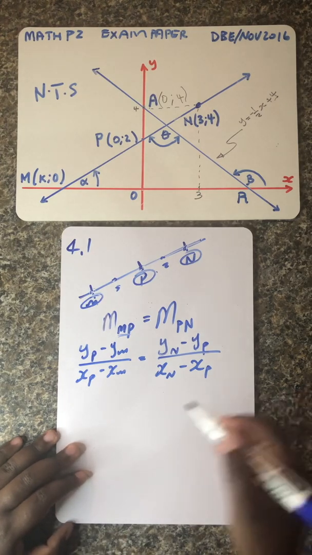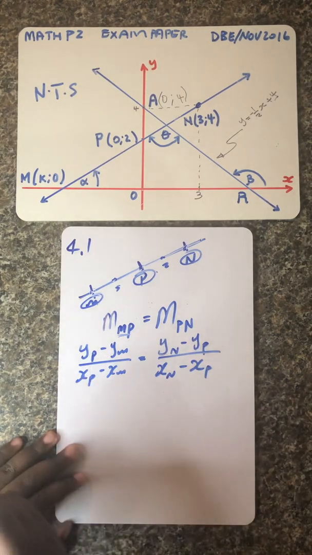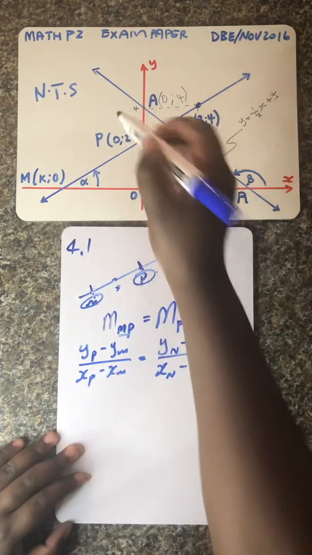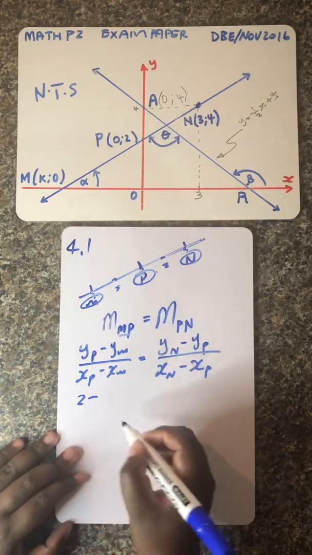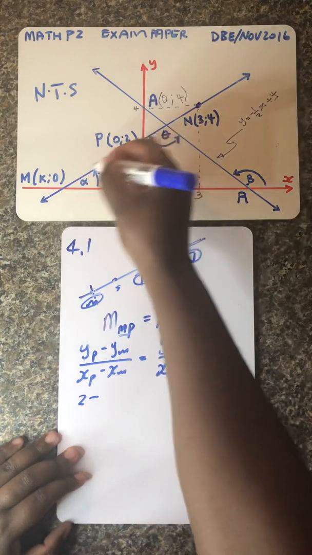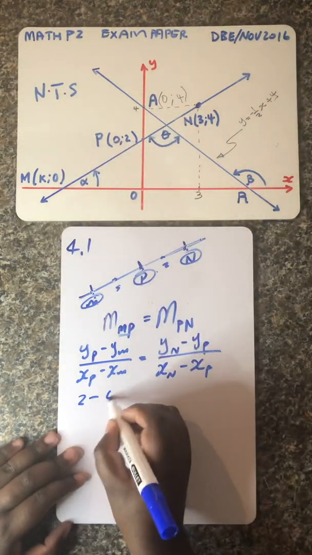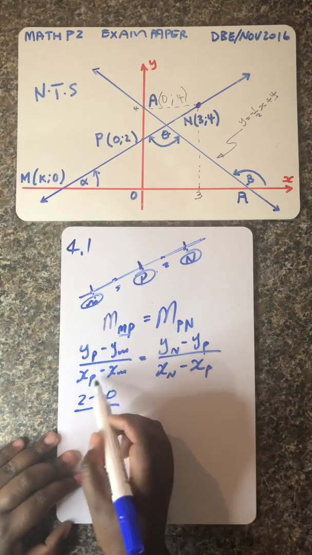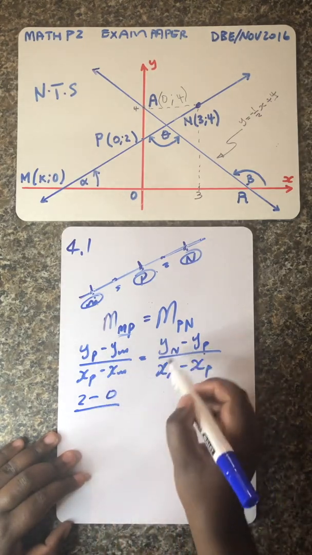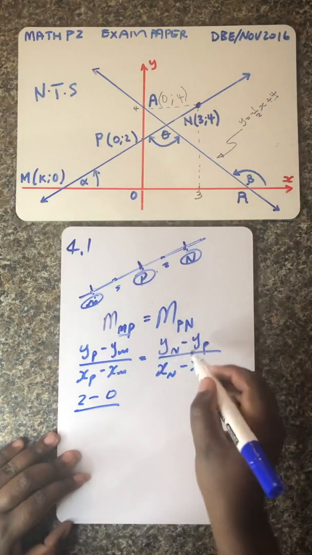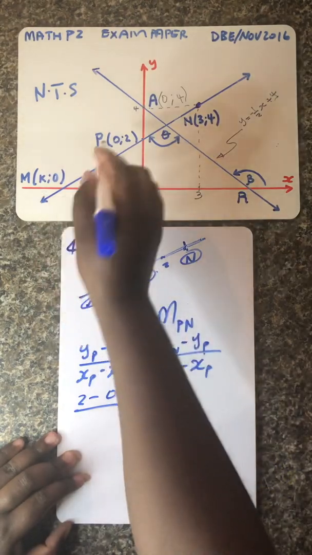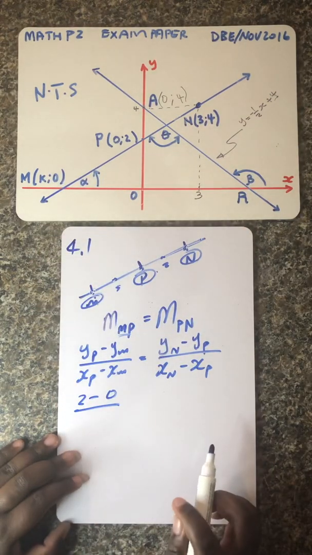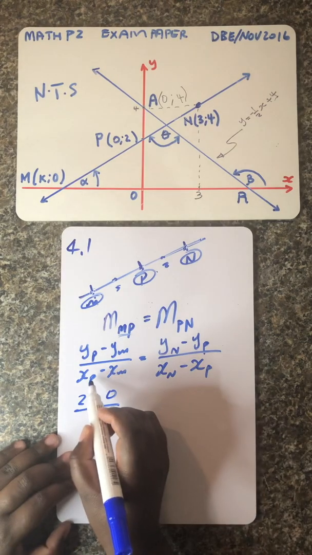Okay, so now let's see, what is y of P? Y of P is that one, it's 2, minus what is y of M? It's 0. I hope no one is lost, because I've assigned these y values and the x values those letters. So what is the x of P?